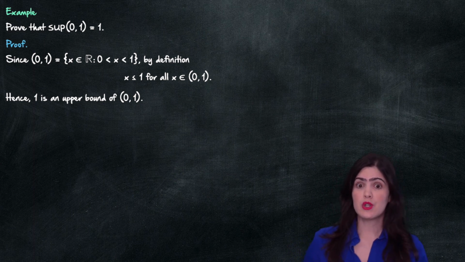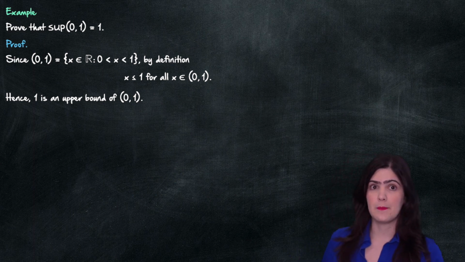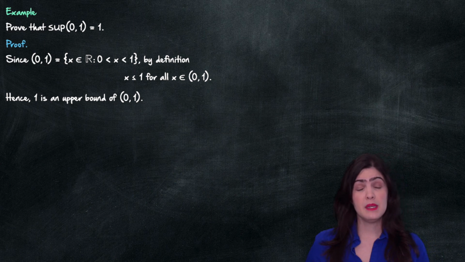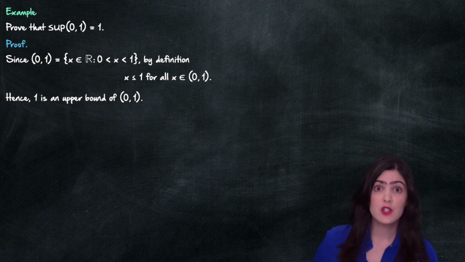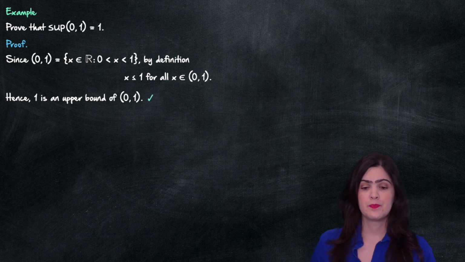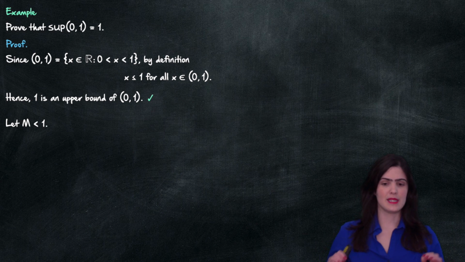So now what we need to show is that 1 is the smallest upper bound. And to do that, we're going to follow this idea: if I pick any number less than 1, I'm going to show that it cannot be an upper bound. As I said, we already know that 1 is an upper bound.